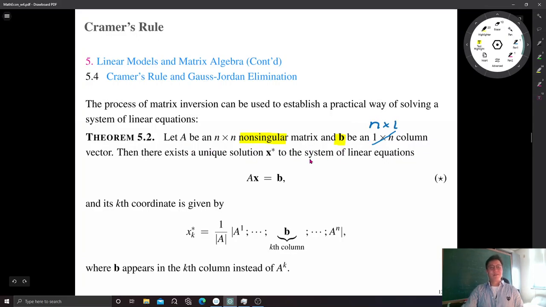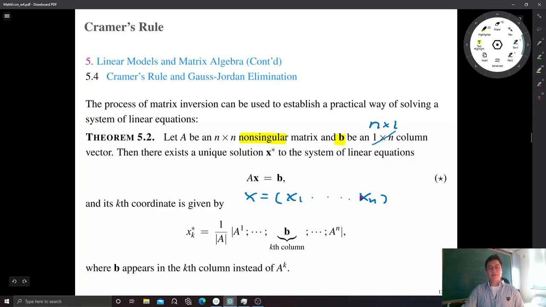I found several typos in this slide. I think I corrected almost all of them, but I found one more thing. Anyhow, with this matrix B, matrix A forms a system of linear equations, AX equals B. Here the variable matrix should be an n by 1 matrix, meaning that X has n variables from x1 to xn.